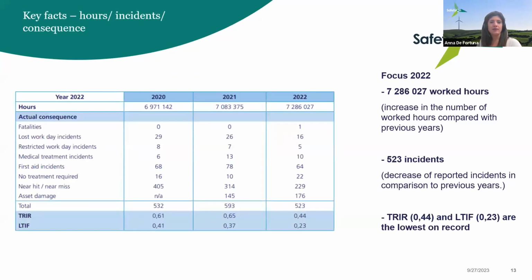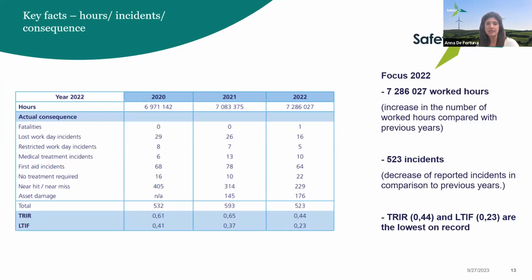So this slide here shows the key statistics over the past 3 years, with the main focus on 2022. The annual 2022 incident data report, which was published in June this year, recorded that there were over 1 million worked hours, with a total of 523 incidents.